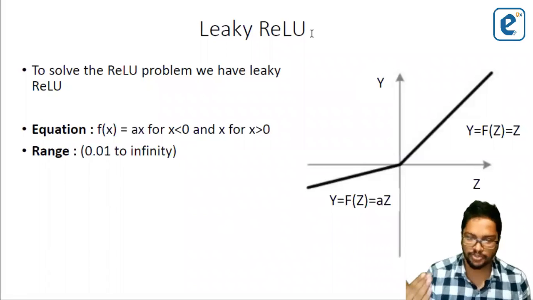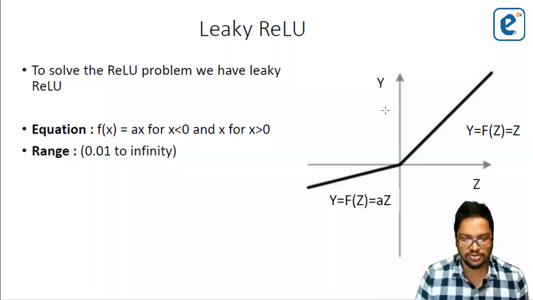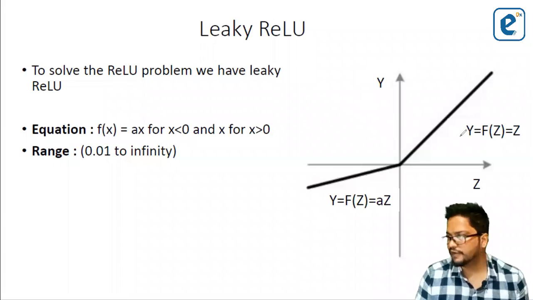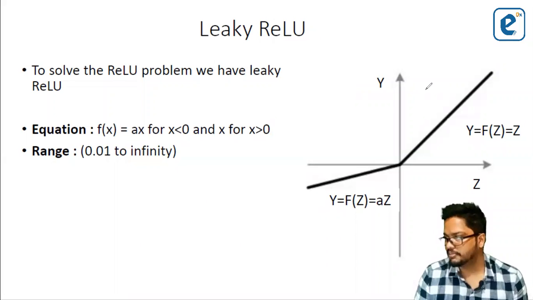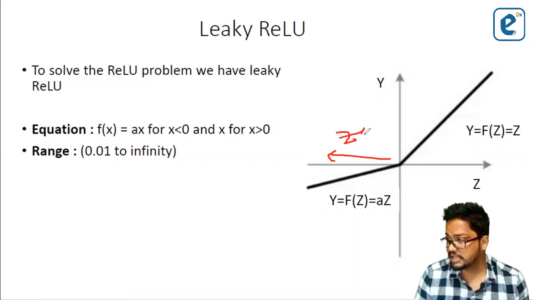So basically in Leaky ReLU, what's going to happen? If z is greater than 0, y will simply be z, something we already know. But if z is less than 0, y will not be z, but something like a times z, let's say 0.2 z.